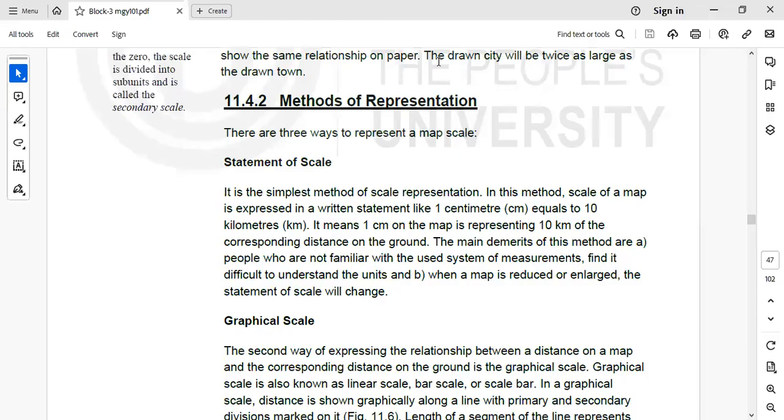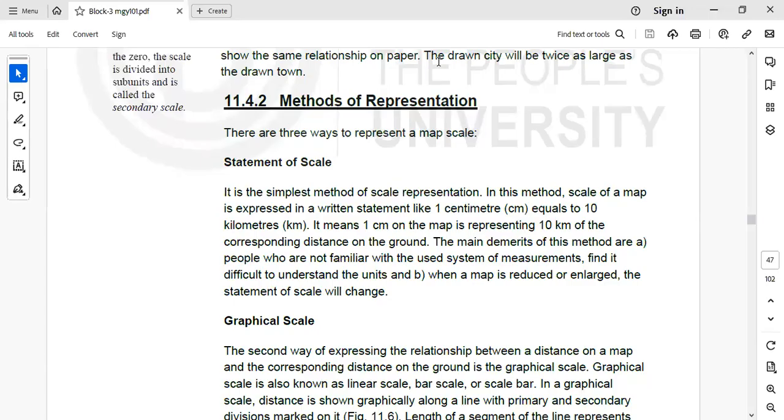So next time, whenever you use a map, please note down its scale. It is given at the bottom of the map. There are three main ways to represent a map scale. Number one is statement of scale.